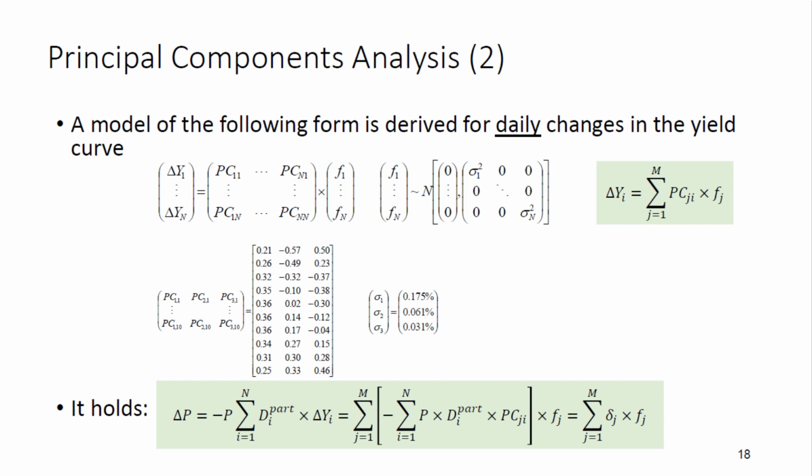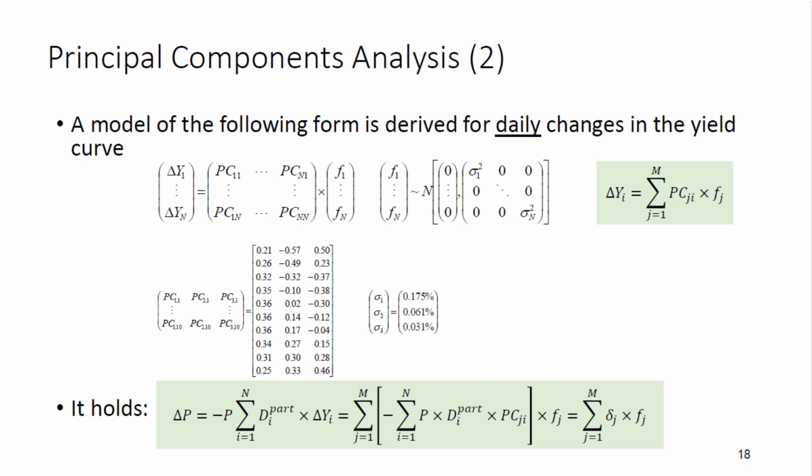Suppose that I have 10 points on the yield curve, then it means that my principal component analysis gives me 10 potential factors with 10 standard deviations and also a 10 by 10 principal component matrix. I could simply decide to use only 1, 2, 3, or 4 factors. That means that instead of putting m equal to 10, I could put m simply equal to 1.